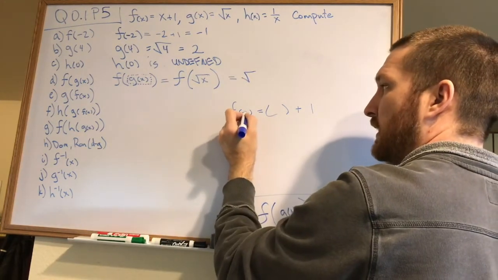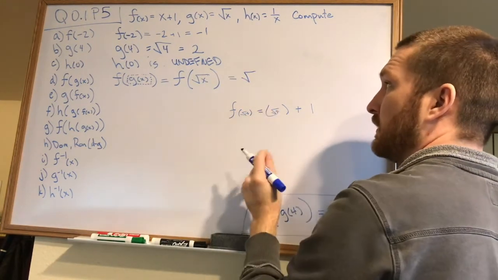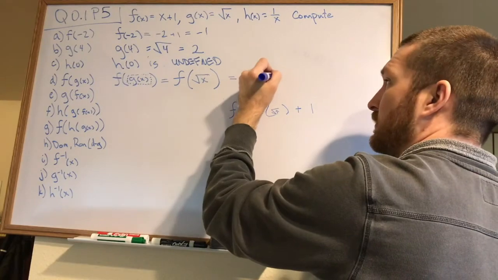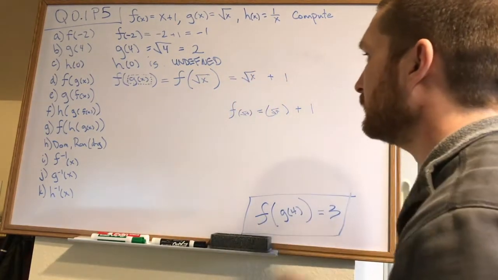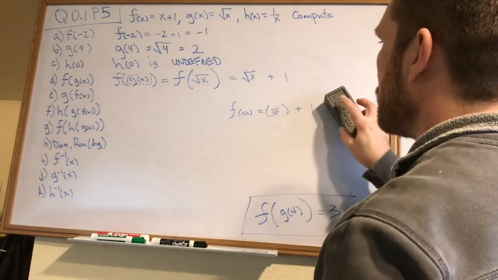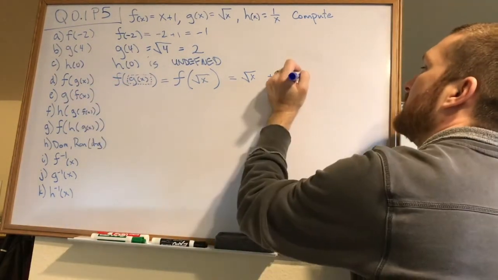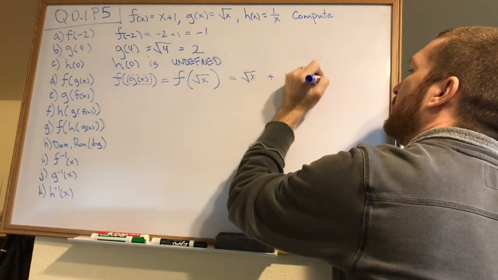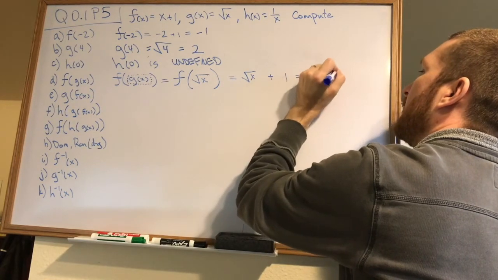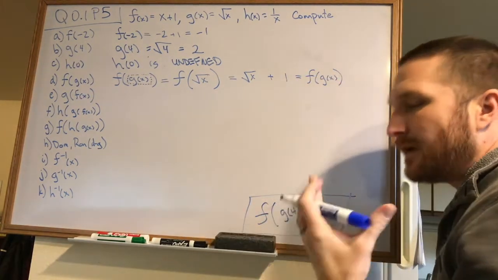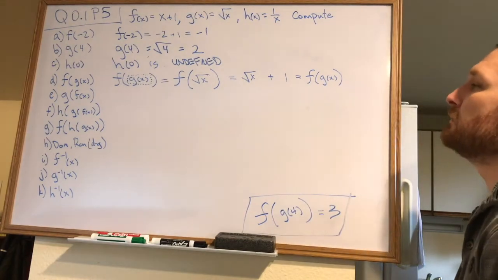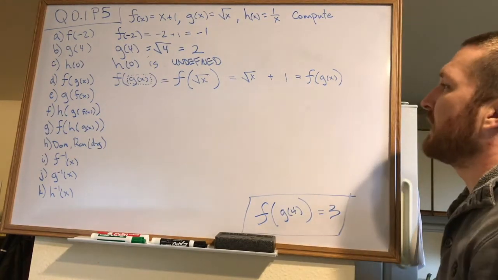So when that's a root x, we get a root x right there. So this just turns out to be square root x plus 1. Okay, so then that is f of g of x, which is a function in its own right. Anyway, we'll get to that.